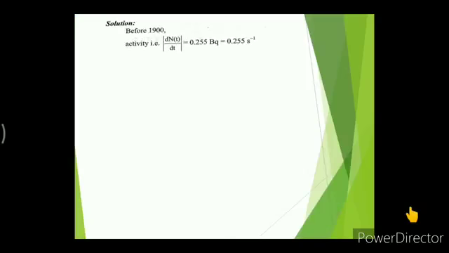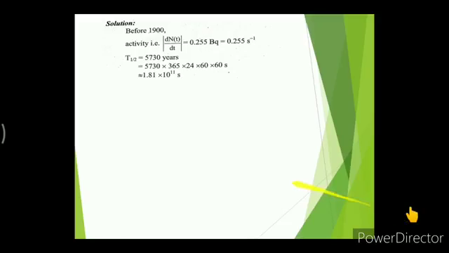As it is given, before the year 1900, the activity is 0.255 becquerel, that is, we can say that the magnitude of dN_t upon dt is 0.255 per second. And also the half-life is given as 5730 years.